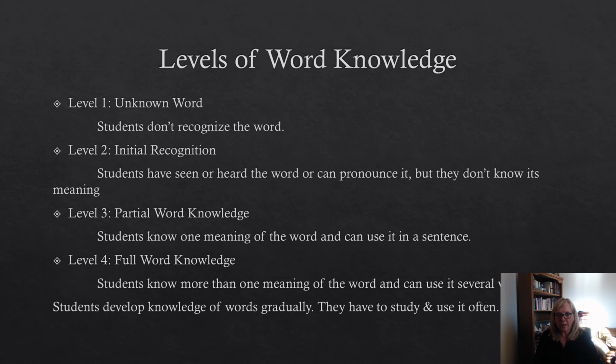Students know one meaning of the word and can use it in a sentence, but if it is taken out of context and used in a different sentence, they may not be able to come up with the same thing. Then full word knowledge. They can use it, they can write it, they use it often. It's obvious that they have used it 7 times or more, like I mentioned earlier.